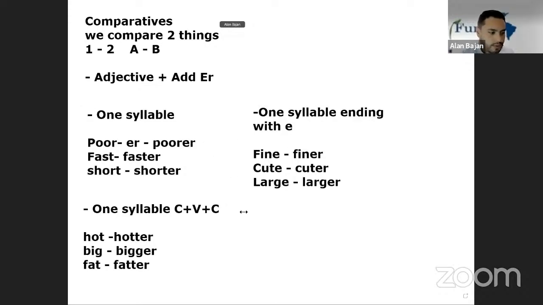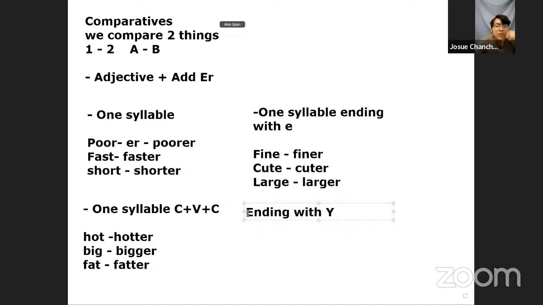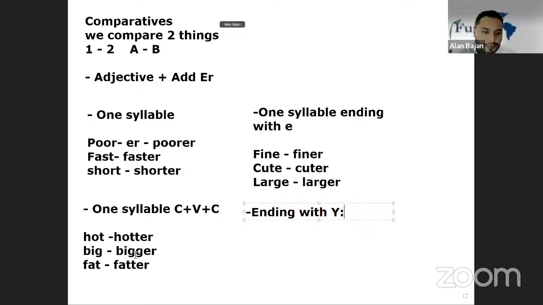Okay, let's continue. Then we have adjectives ending with Y. Teacher, one question about the rule. Is it B as in Victor or B as in Bravo? B as in Bravo.